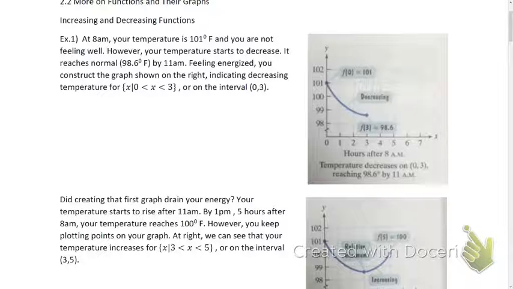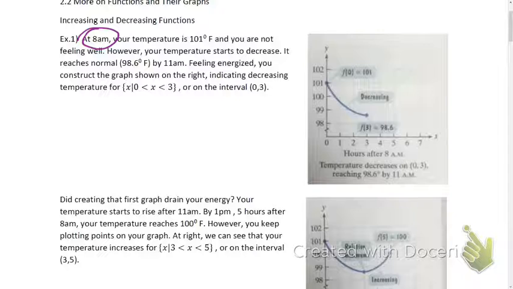So starting out, it looks like this person had a temperature of 101. And if ever I get a graph like this where they use a different unit of measurement on the x-axis, I'll make notes for myself so I don't mess up. So at first, at 8 o'clock, notice it says right there, you have a 101.